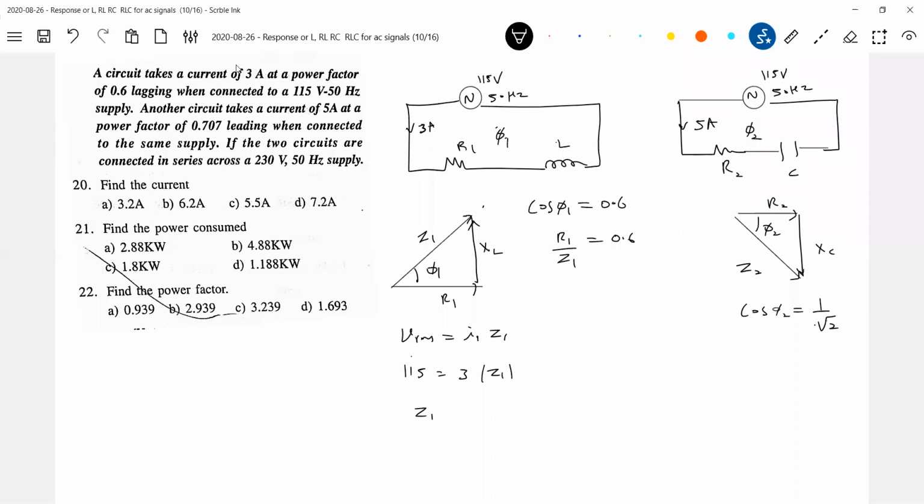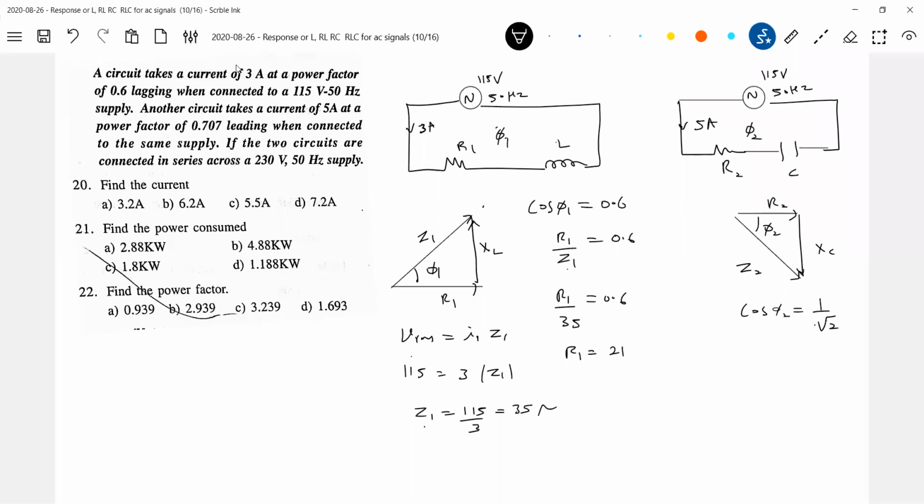I'll get Z1. So Z1 equal to 115 by 3, 38.3 ohms. So I know the value of Z1, that I'll substitute here. I'll get R1. So what is R1? 38.3 into 0.6.